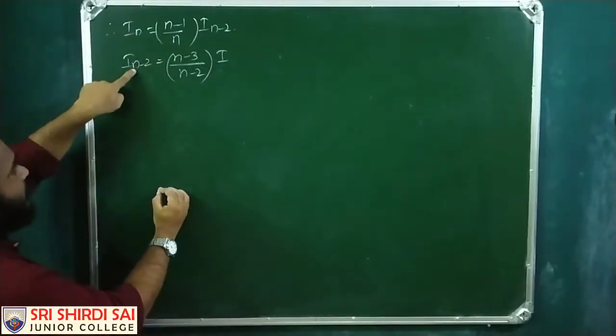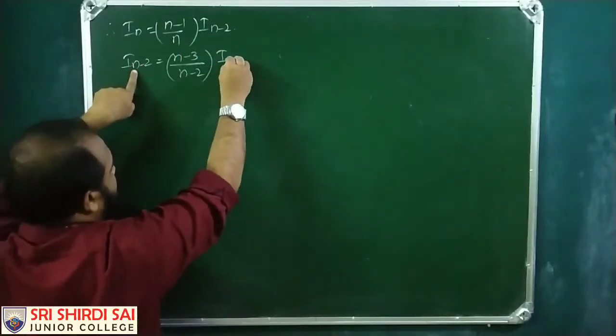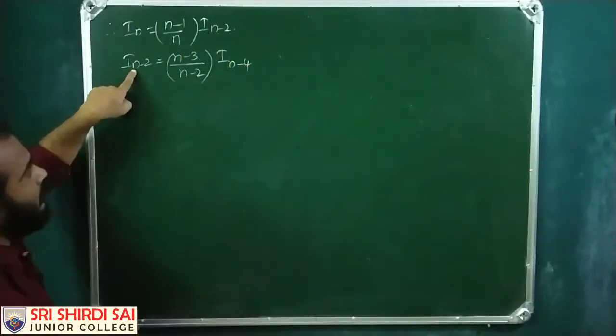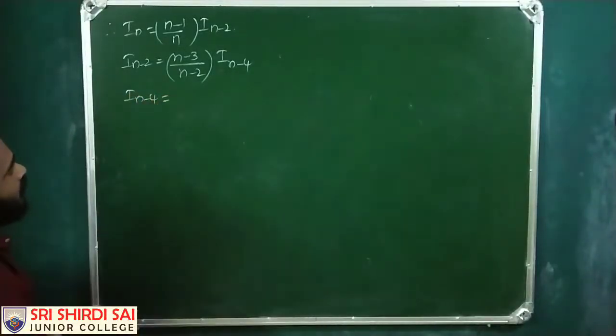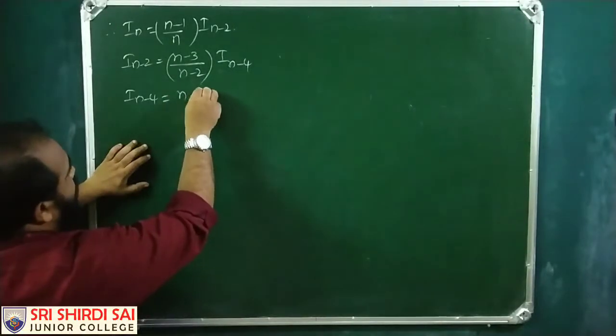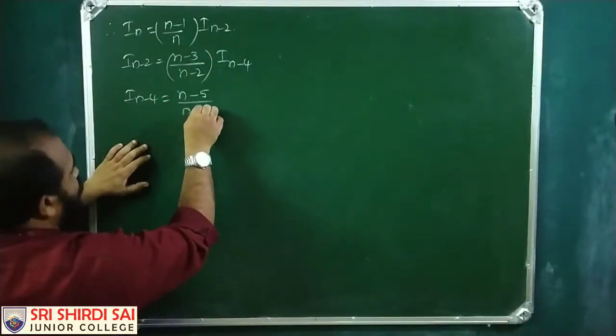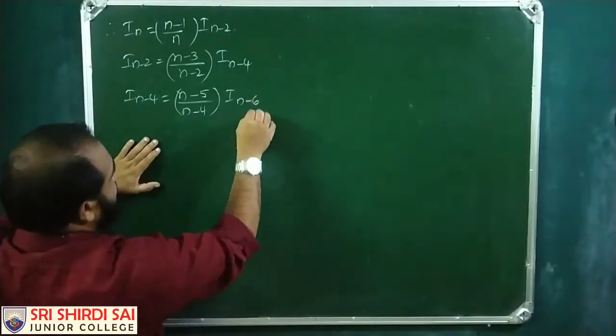If it is n minus 2, it is decreased by 2, so n minus 2 minus 2 is n minus 4. Likewise, what is n minus 4? We can write n minus 5 by n minus 4 into I n minus 6.